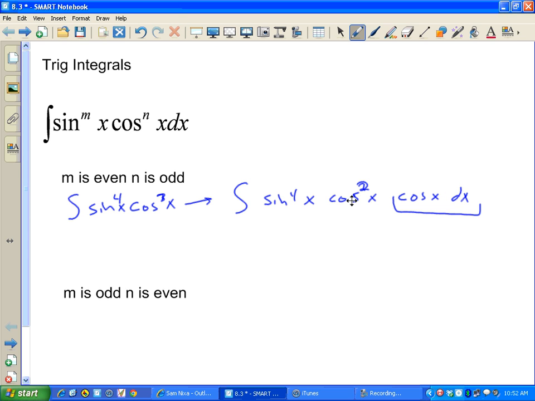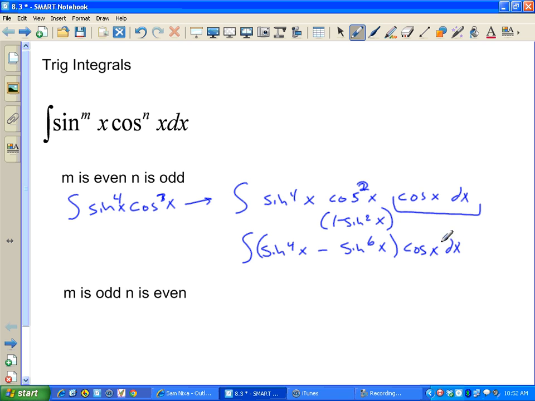In order to turn cosine squared into sine, this becomes 1 minus sine squared, because sine squared plus cosine squared equals 1. So I'd turn that into this, and then I'm going to distribute. I get sine to the fourth x minus sine to the sixth x times cosine x dx.